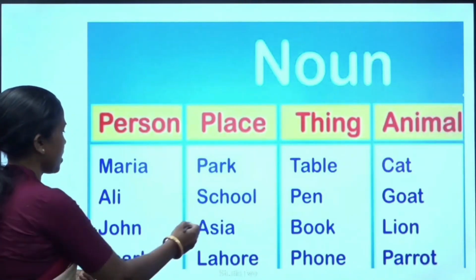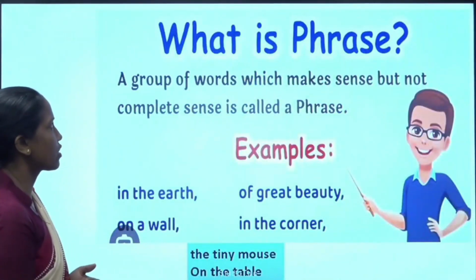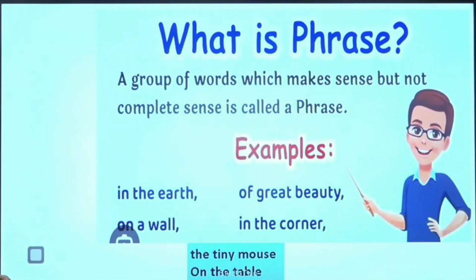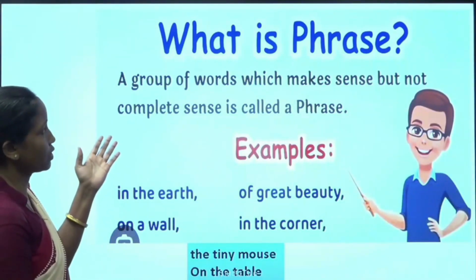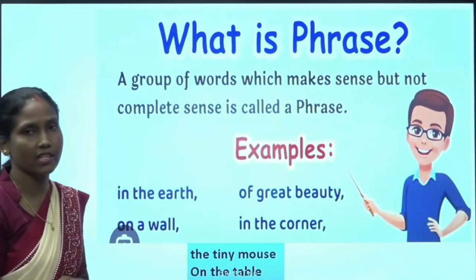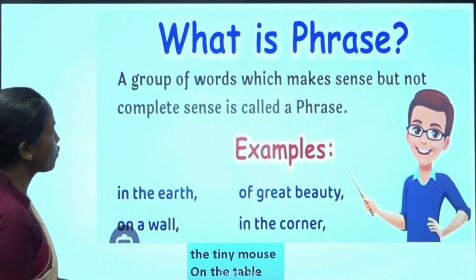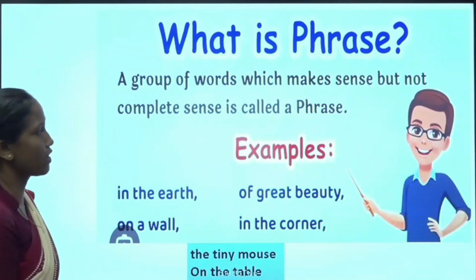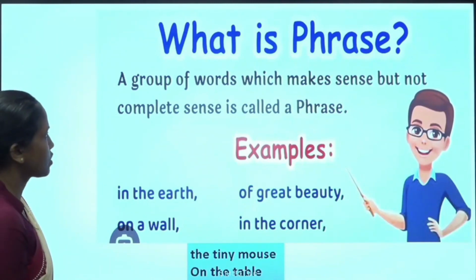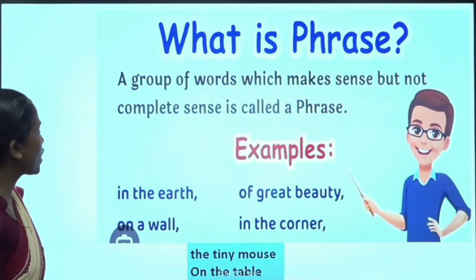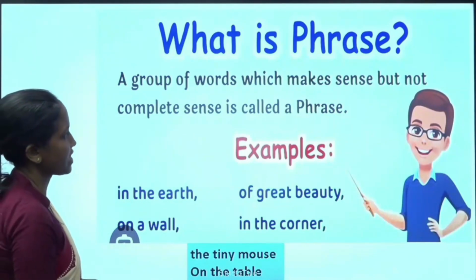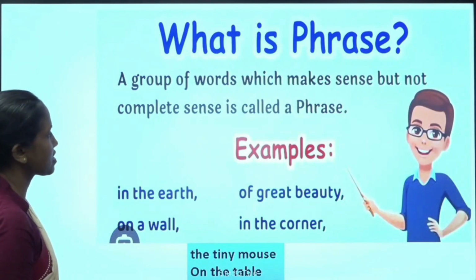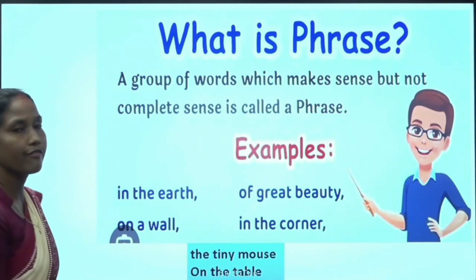Next we see, yes students, here you can see the question, what is phrase, right? So a group of words which make sense but not complete sense is called a phrase. Students, I repeat here, a group of words which make sense but not complete sense is called a phrase.